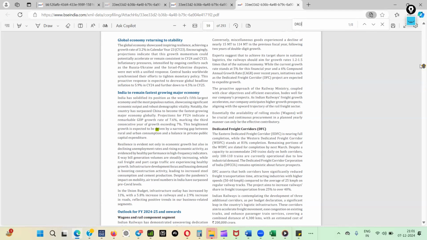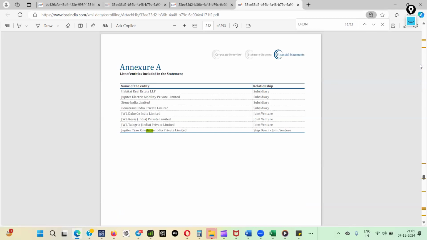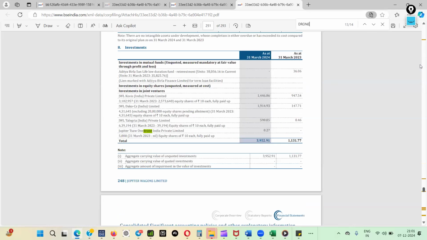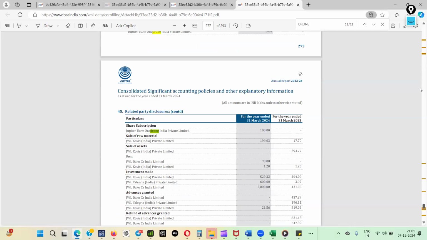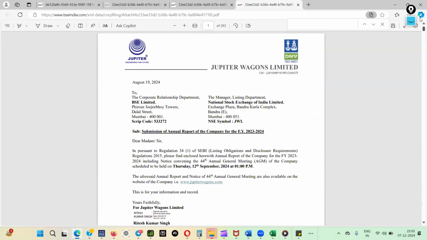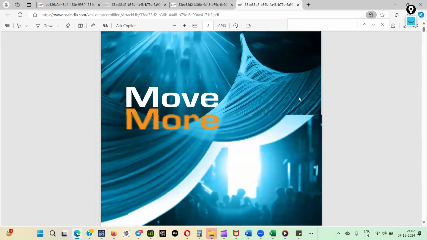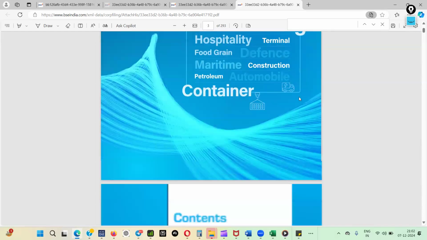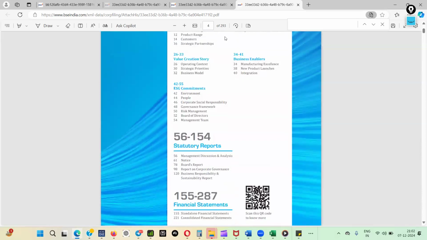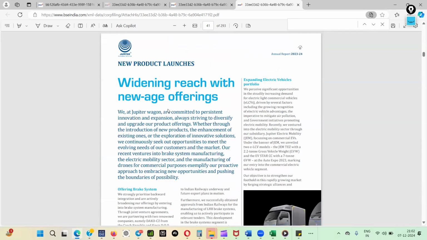Now, if you search with a keyword like drone, so much drone-related information is coming. In 2023, 28 times drone-related information is coming. Now look at the table of contents: what exactly they told about their new businesses, what they are doing, new product launches, widening reach with new age offerings.